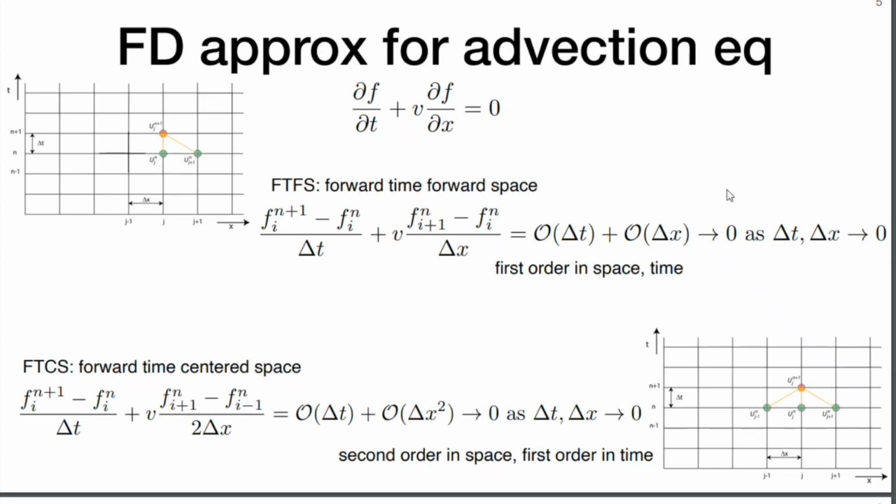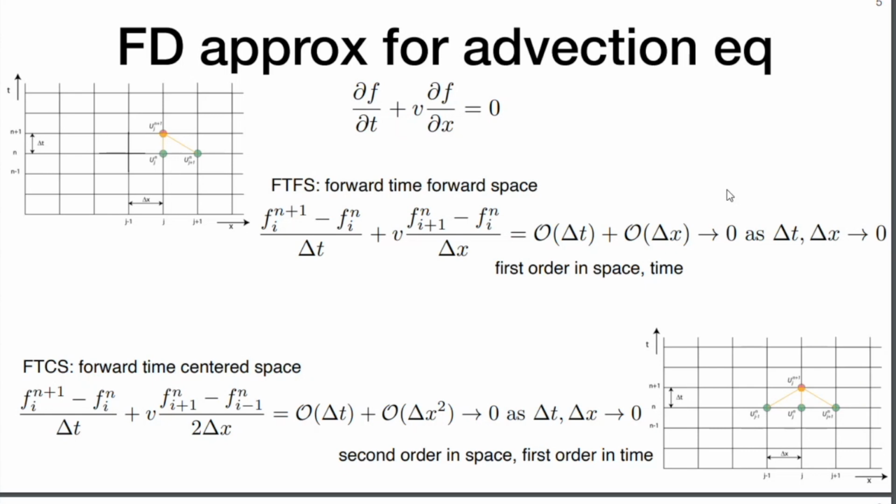This is the forward in space approximation for ∂f/∂x, and you'll have a term of order Δt, Δx error in this expression. The good thing is, as you make Δt and Δx go to 0, the right hand side goes to 0. So that means this is a consistent formulation of the equation.